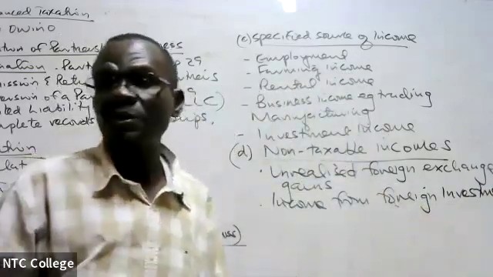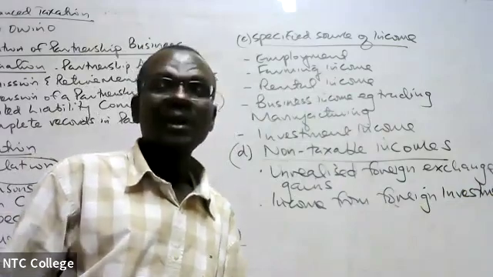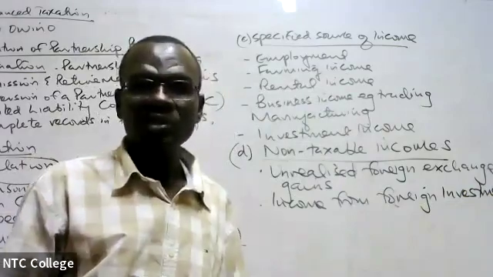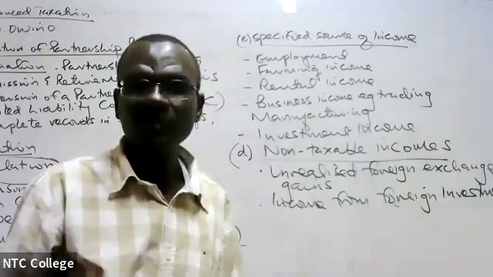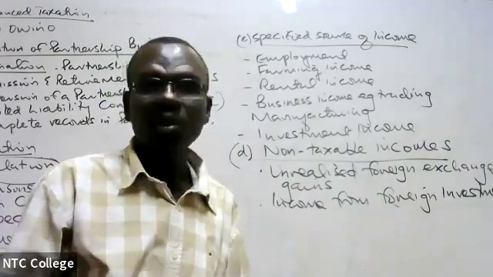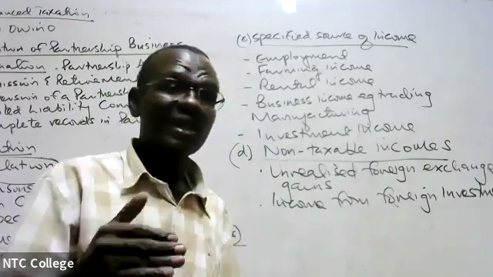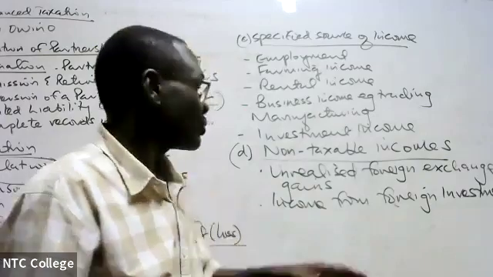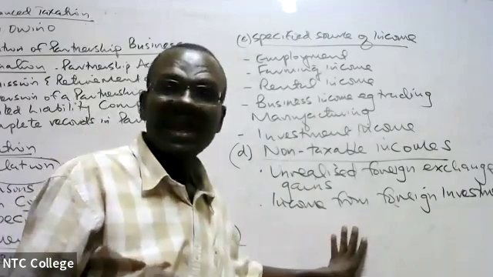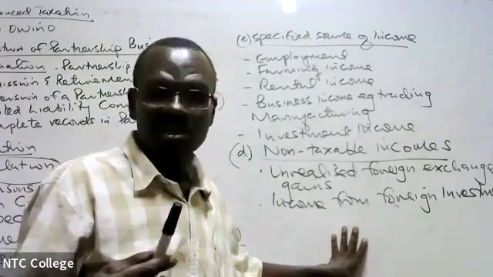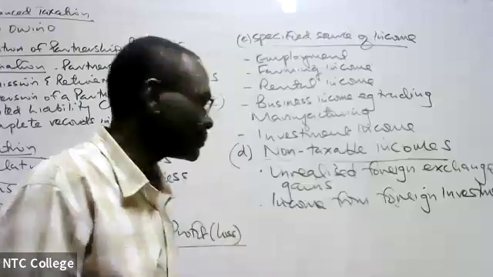So you can have invested in foreign countries, for example the Uganda Stock Exchange or Tanzania Stock Exchange or South Africa Stock Exchange or London Stock Exchange, and you receive interest or dividend income. It will not be taxed in Kenya because the laws of Kenya only apply within Kenya. So if the examiner tells you this is dividend from foreign investments, you have to deduct it.